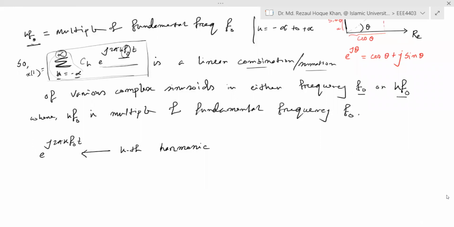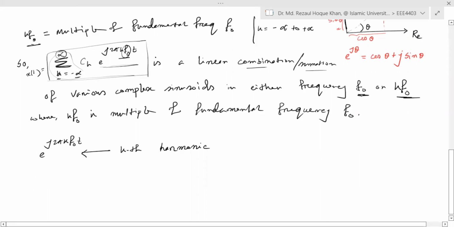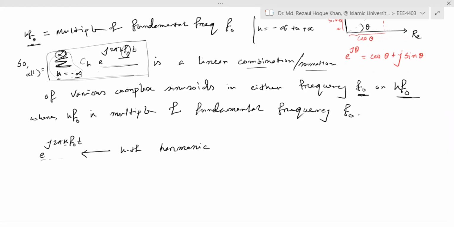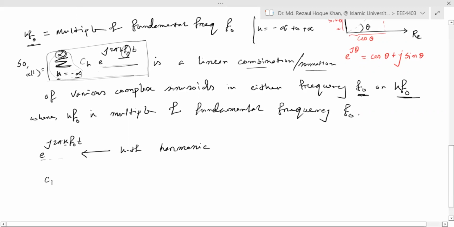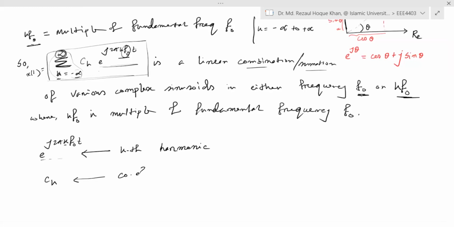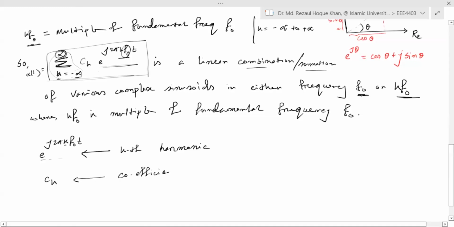Harmonics means the fundamental plus any other higher frequencies or components. So this is the kth harmonic, and because k varies from minus infinity to plus infinity, it covers all the harmonics. Okay, so ck, as we already know, is nothing but the coefficient of the kth harmonic.